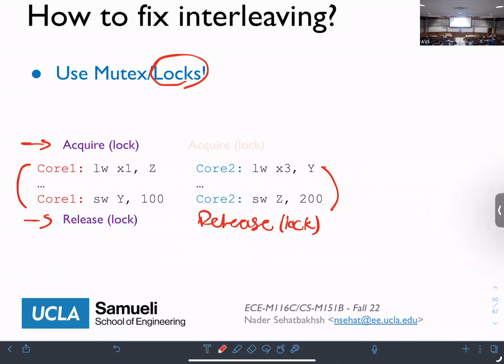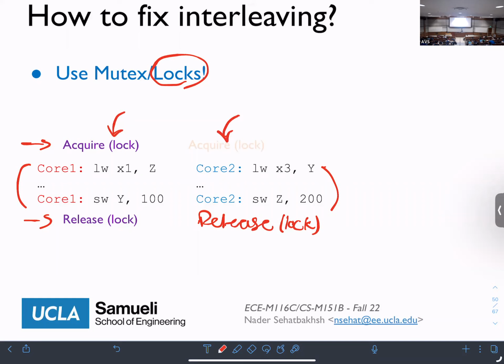This lock is exclusive, which means that only one of the cores can have the lock. So if both of them try to acquire the lock, only one of them will be successful.